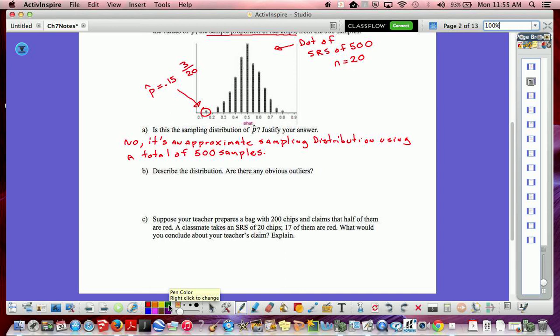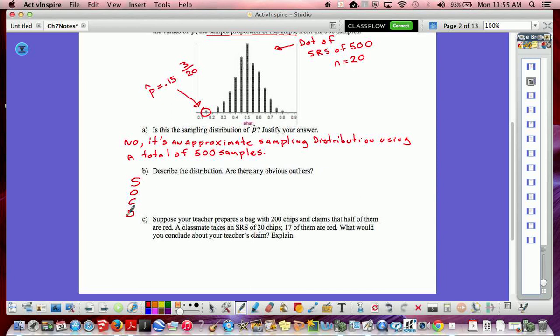It's on your feet. What do you put on your feet sometimes? Socks. So remember that acronym and what some of those stand for? Shape, center, spread, outliers.